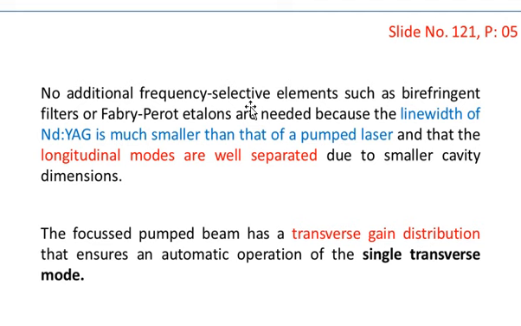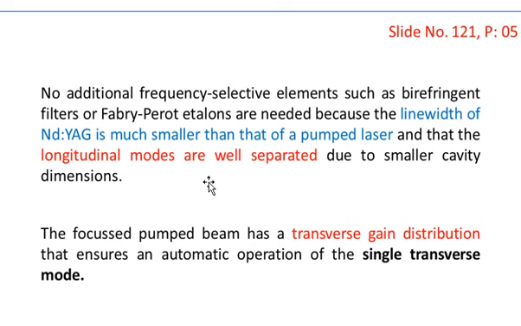No additional frequency selective elements such as birefringent filters or Fabry-Perot etalons are needed, because the line width of the YAG is much smaller than that of the pump laser, and the longitudinal modes are well separated due to smaller cavity dimensions.